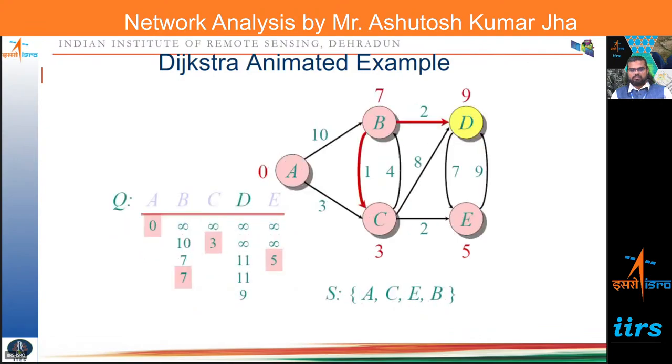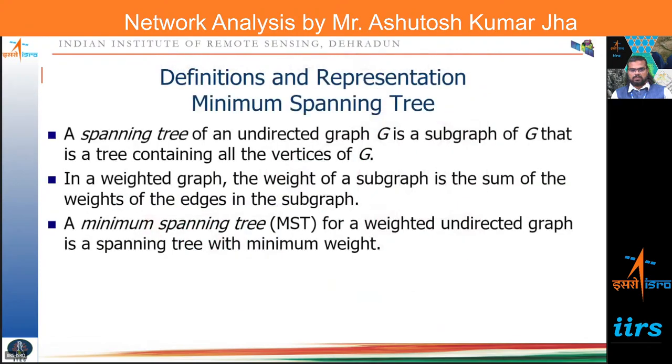Finally, B is reached, and accordingly we find the next least cost path. That's basically finding, from one point, all the different locations, each of the nodes and their cost associated with that.